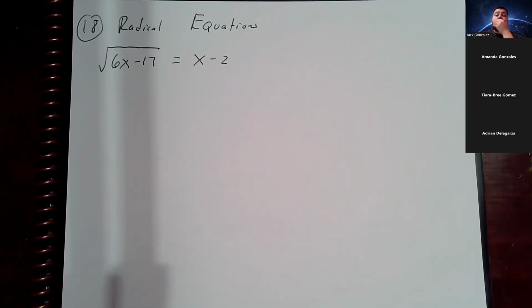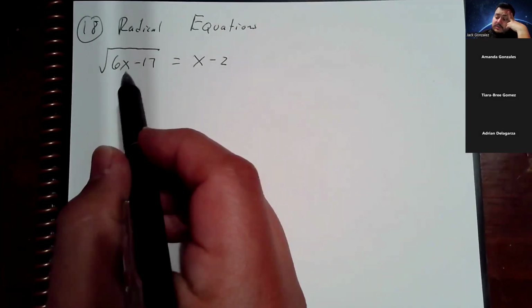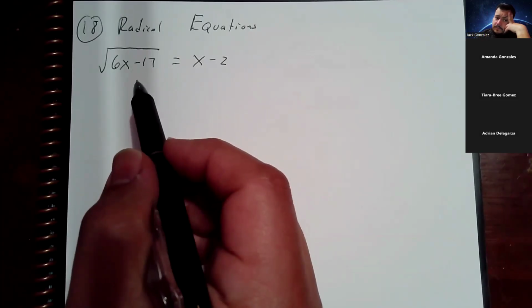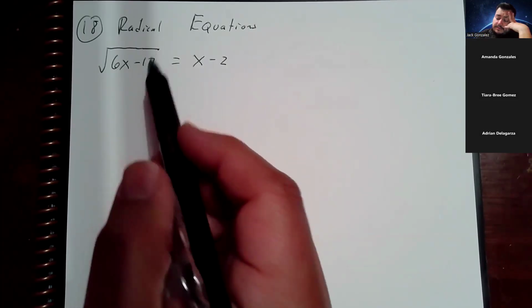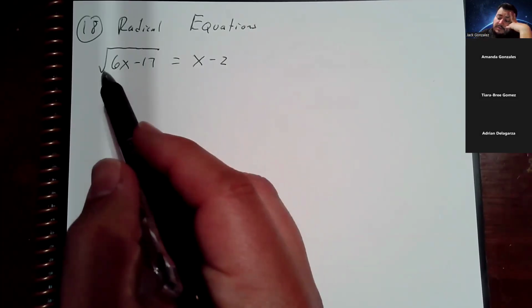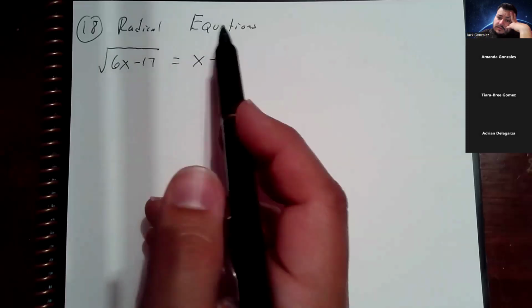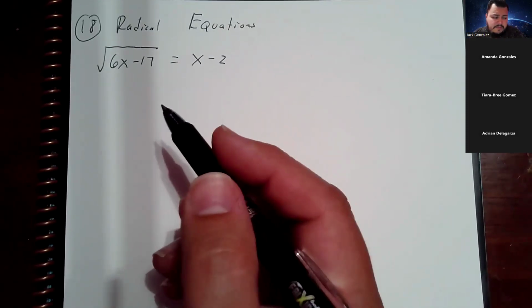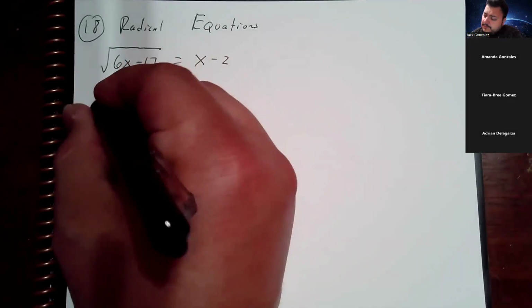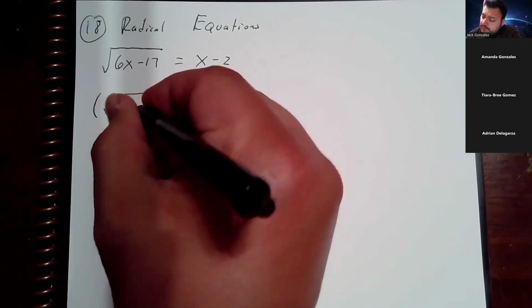So if you want to solve for x, you're going to have to get that radical out of the way because the x is trapped inside. So this is when you've got to square both sides in order to get rid of your radical. Well, raise it to the power of whatever your root is. So if this was a cube root, you would raise both sides to the power of 3. But I don't think that'll come up. But anyway, square both sides in order to cancel your radical.